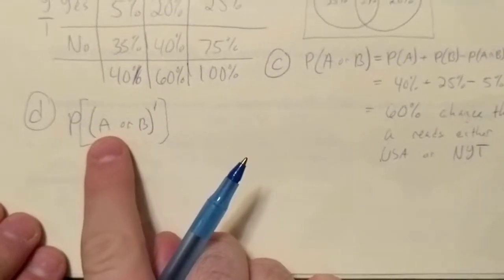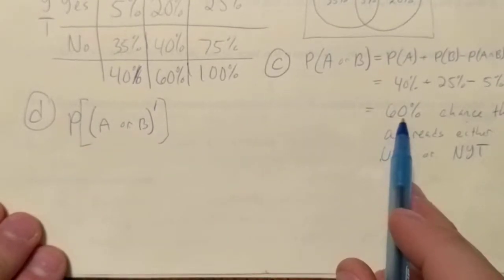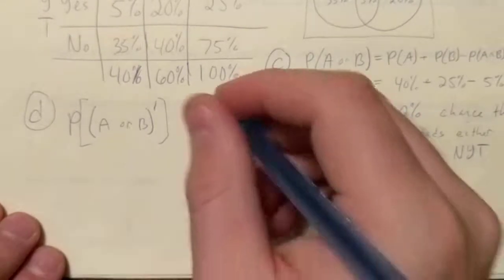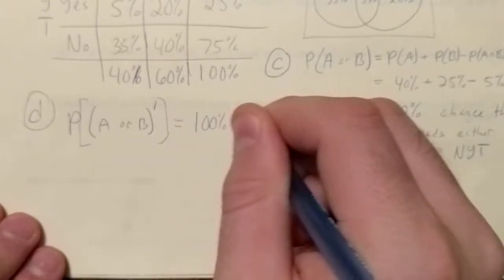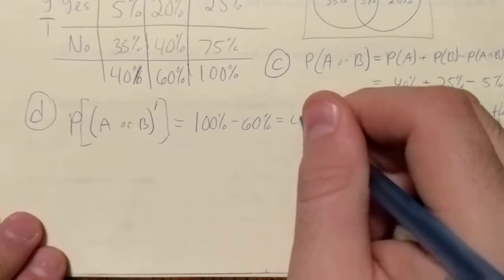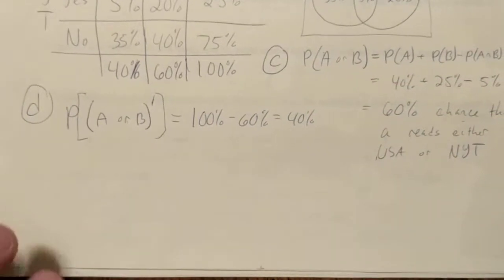So the probability of not A or B. We know what A or B is. The complement of 60%, it's a pretty simple equation. It's 100% minus 60%, and you get 40%. So the probability you get someone that doesn't read either paper is 40%.